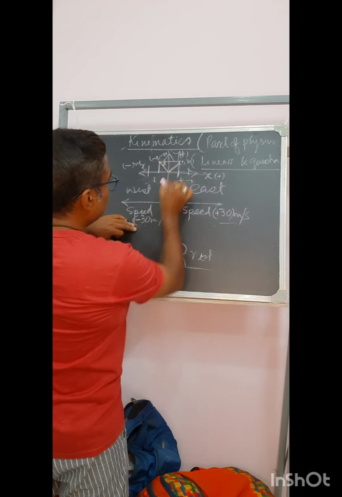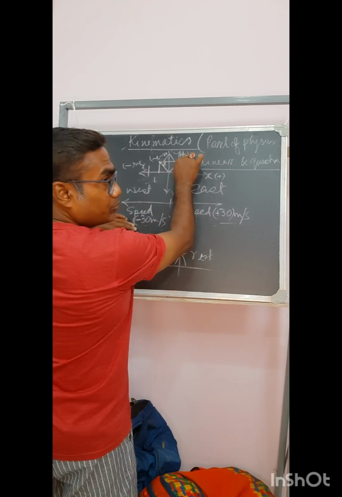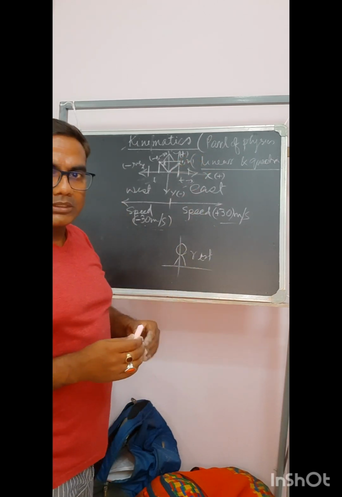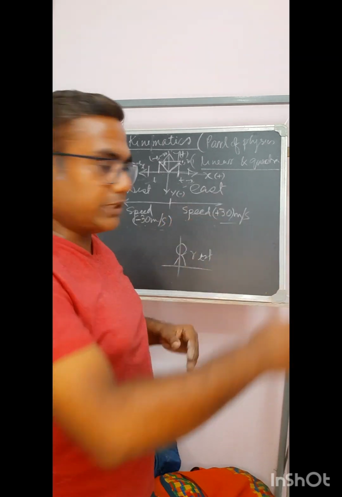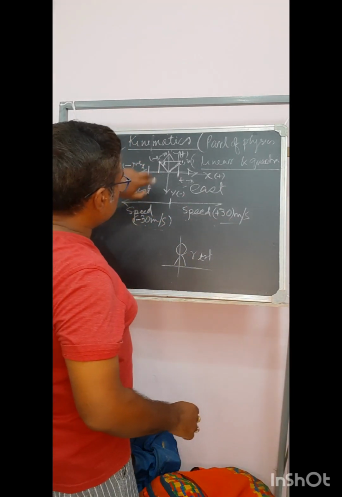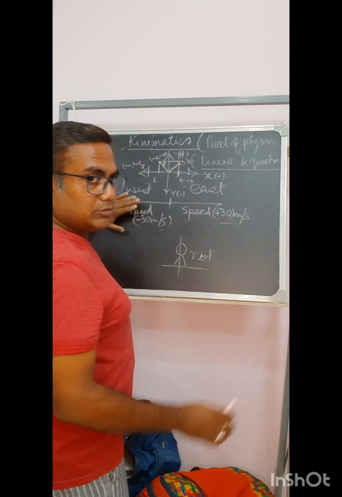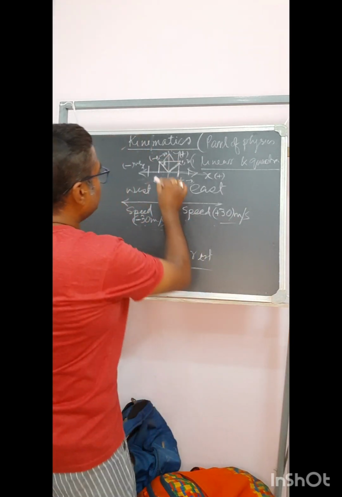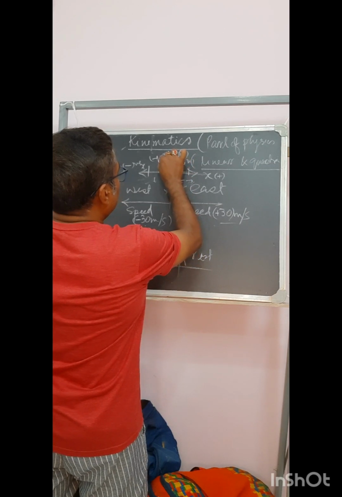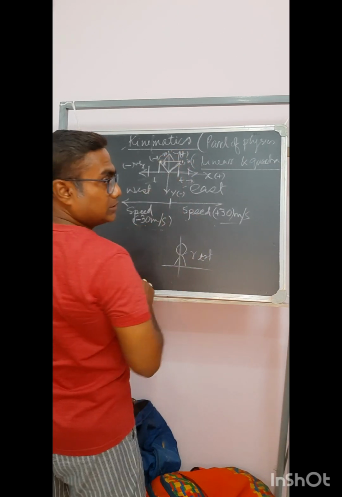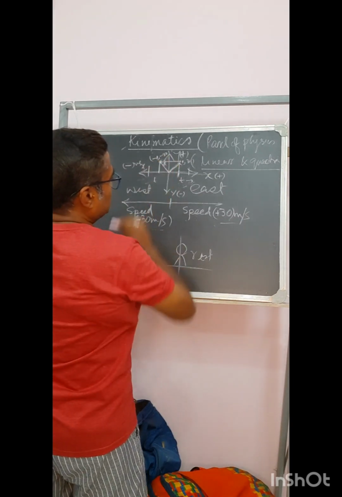Otherwise, if I consider first, they will be merged in one point and I cannot distinguish their ultimate position after a certain time. So if I consider this also plus, after an hour this is also in the same position, but it is actually moving apart. So to represent that with the reference frame, I have to consider some point in this position.